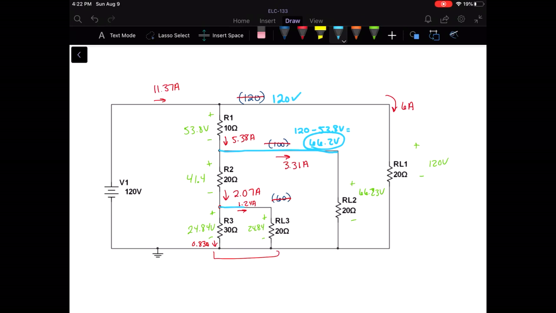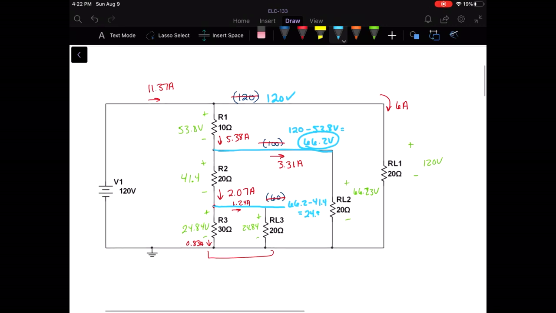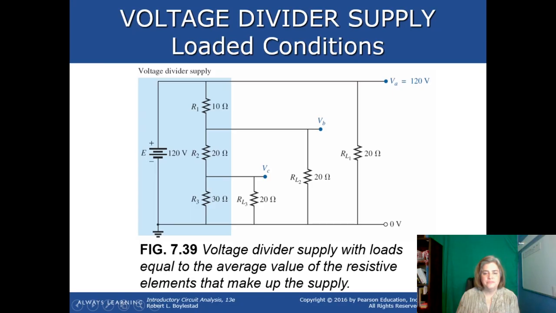And here we actually have our 66 volts minus the 41.4, which is about 24 or 25 volts. So as you can see, that's a very significant drop from what we hope to have, simply because of these load resistors. So stay tuned and I'll show you how we can fix that.